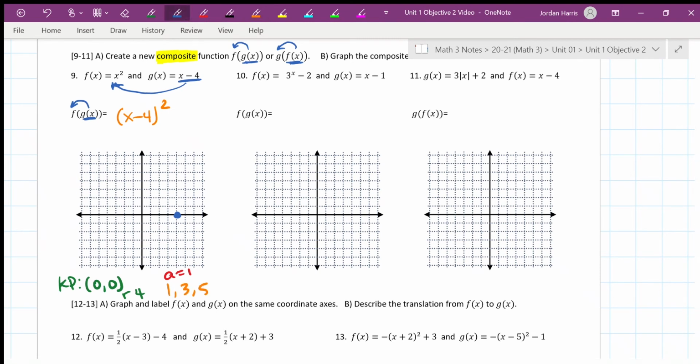We take our key point. When we go from our key point, we go over 1. I'm going to go up 1 in this case. Over 1 more, go up 3. Over 1 more, up 5. And then we mirror it from the key point. So over 1, up 1. Over 1, up 3. And we have our function.